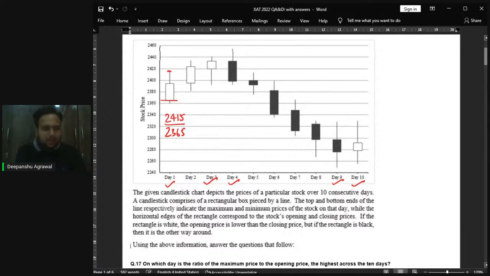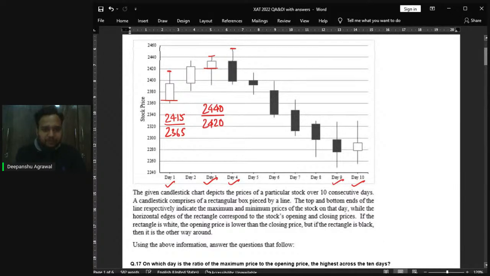So this is the approximate value of the maximum to opening price for the first day. Now let's look at day 3. On day 3, the maximum is this one, 2440, and the opening price is this one, 2420. Okay, now day 4.